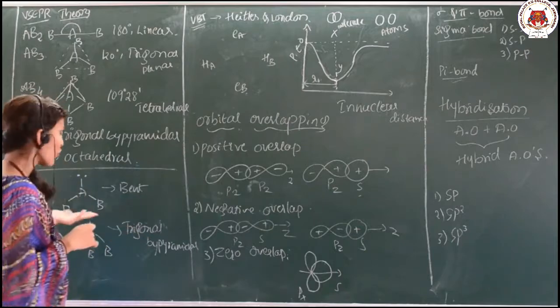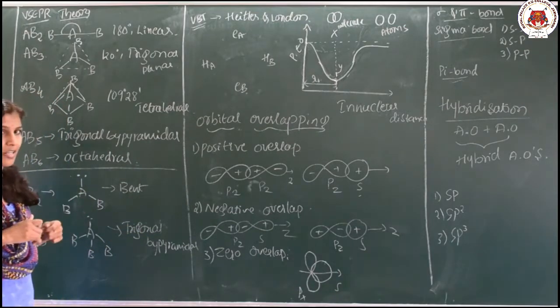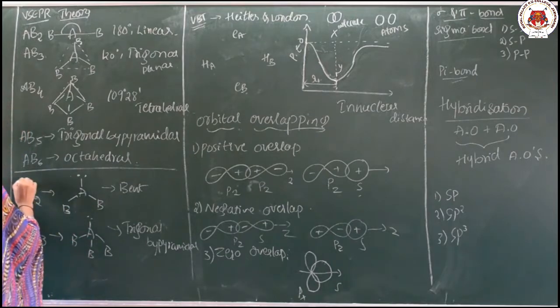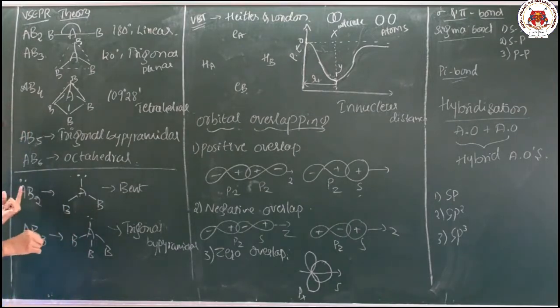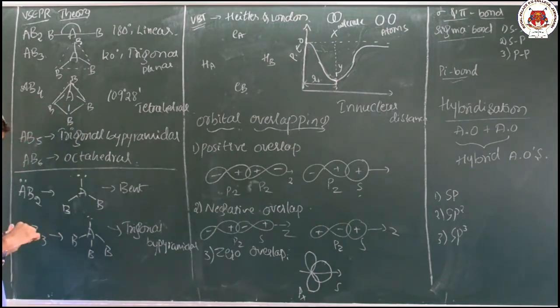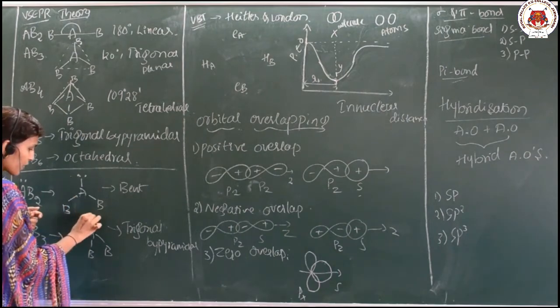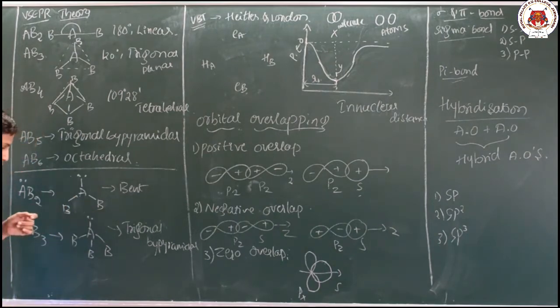Okay. Let us go to some of the molecules which carry lone pairs of electrons on the central atom. Suppose AB2 type, where the central atom has a lone pair of electrons on it, it has a bent shape. Okay. And then if the central atom in an AB3 type is carrying a lone pair of electrons, here we have displayed the lone pair like this, it indicates the lone pair of electrons.